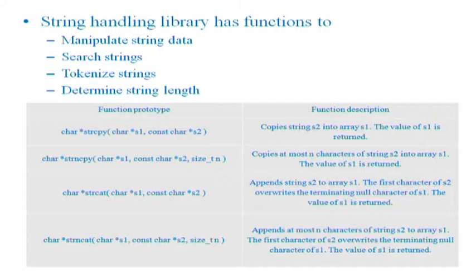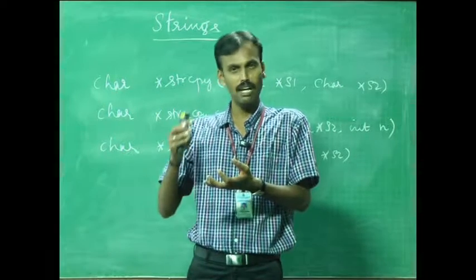This appends the string s2 to array s1. The first character of s2 overrides the terminating null character of s1, and the value of s1 gets returned. We know that every string is delimited by a null character.